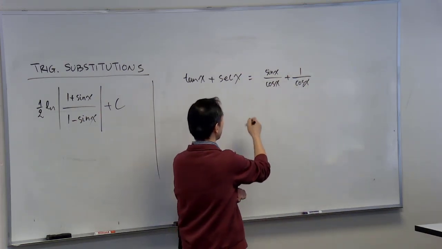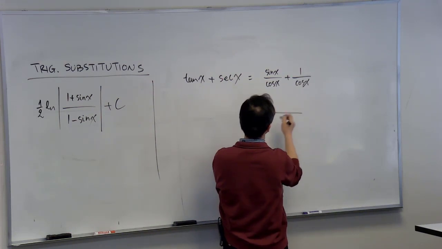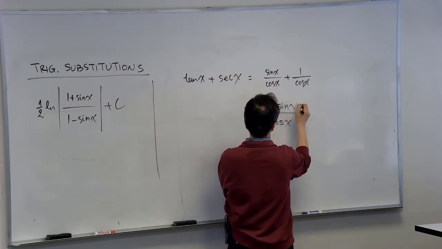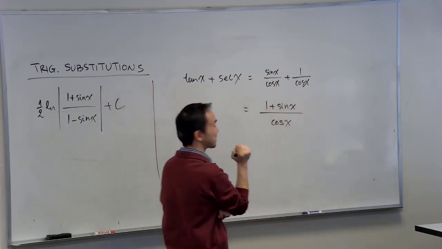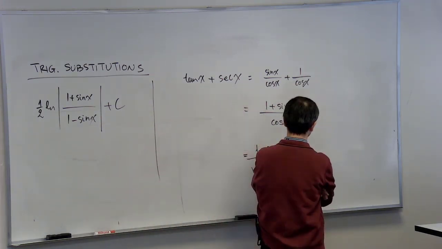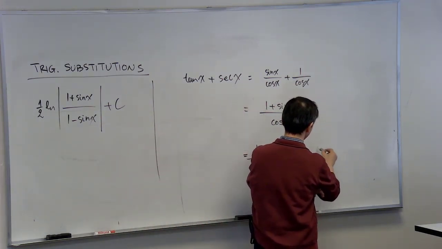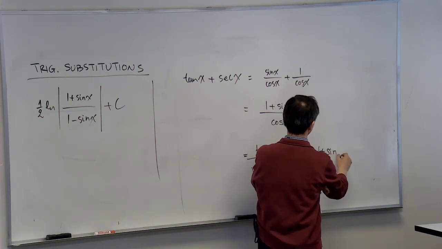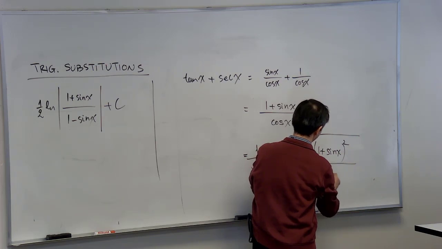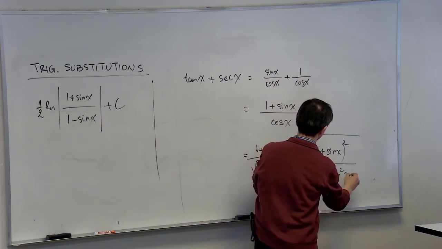And so with that, we can make a common denominator, making it cosine of x, and then 1 plus sine of x. Agree with me on that still? Okay. And so that's the same as 1 plus sine of x all squared over all square roots, there's a 1 minus sine squared of x.